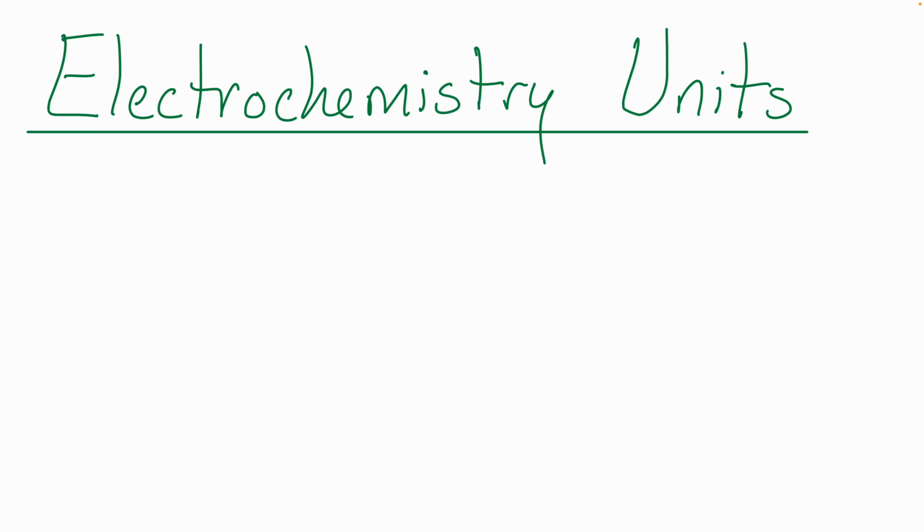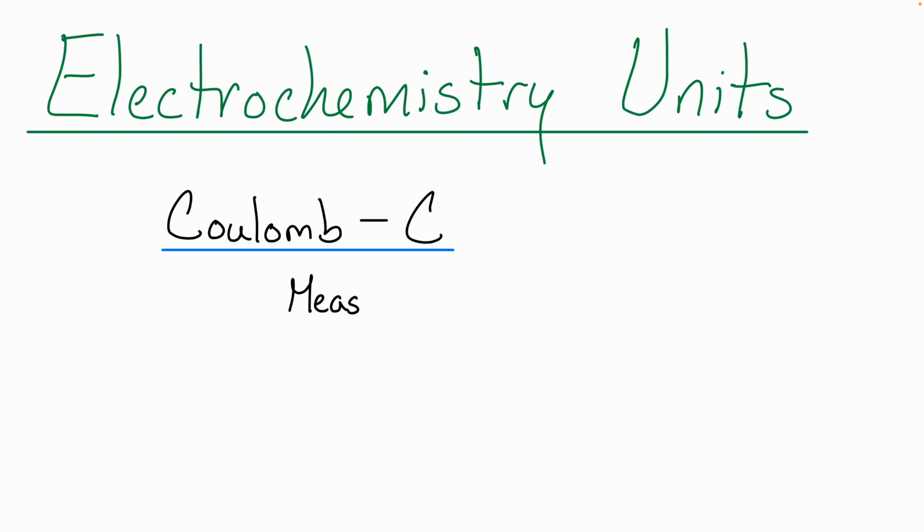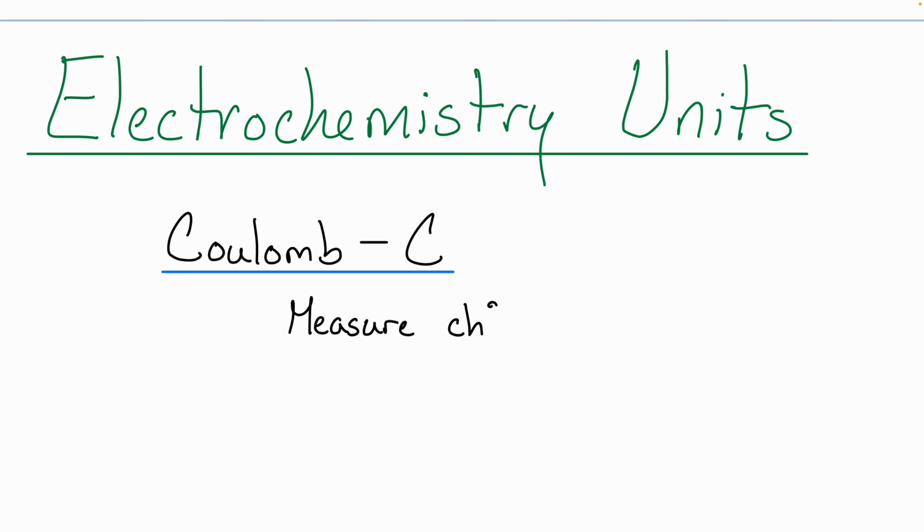The first is what we call the coulomb, and we use capital C. A coulomb is used to measure charge. We talk about charge a lot, +1, -1, all that sort of stuff. Well, if you want to measure charge in a sample, you've got to have units, right? The unit that you use is the coulomb.